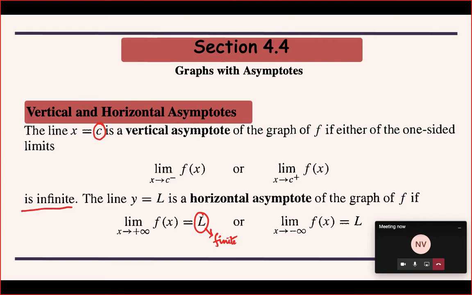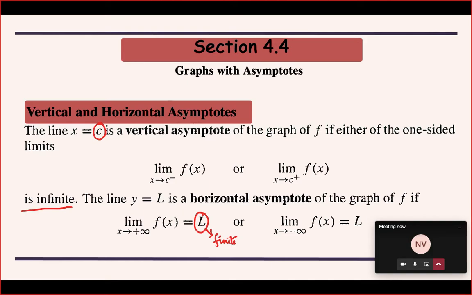And for horizontal asymptotes, you don't have to look for any number. You just have to find the limits of the function as x tends to infinity and minus infinity, and if that is a finite number, then you would say there is a horizontal asymptote. It may so happen that a function may not have any asymptotes.